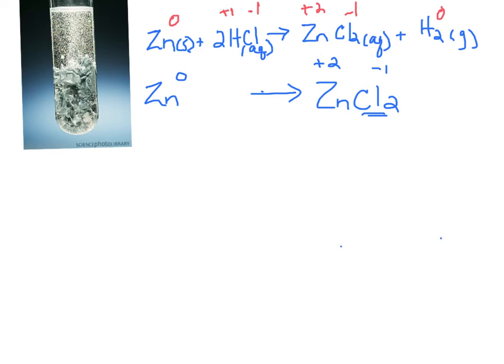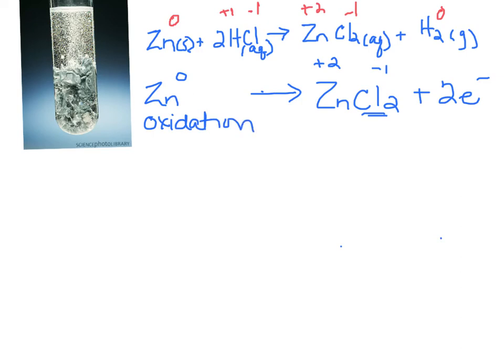So we're going to write that, since it's losing those electrons, as being lost on the product side. And we know LEO the lion says GER, so a loss of electrons means that this is our oxidation process. So zinc has undergone oxidation here.